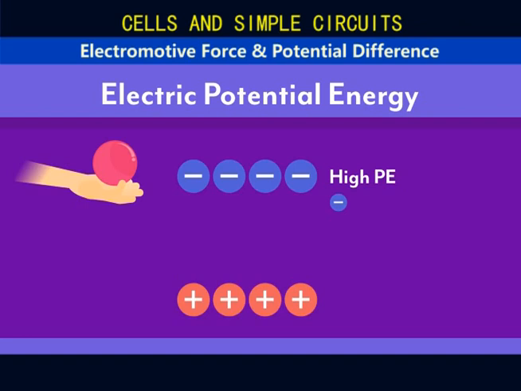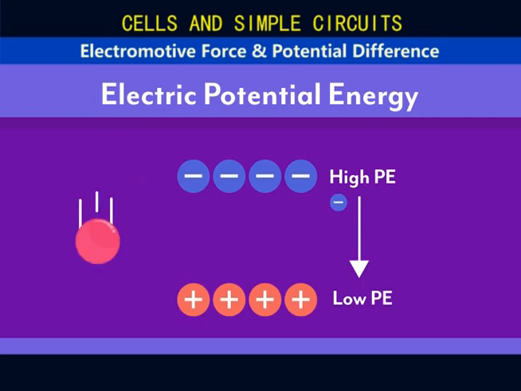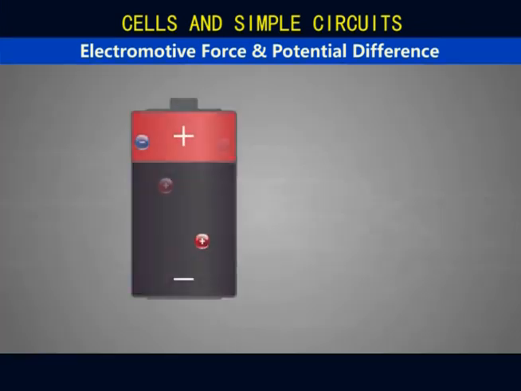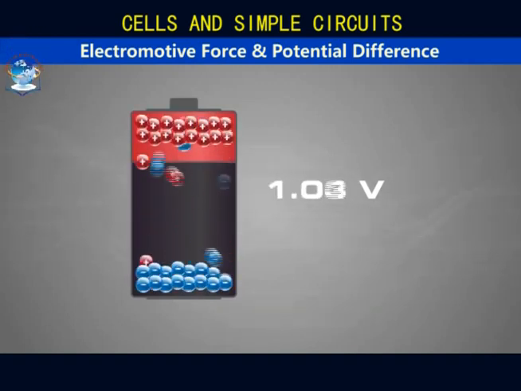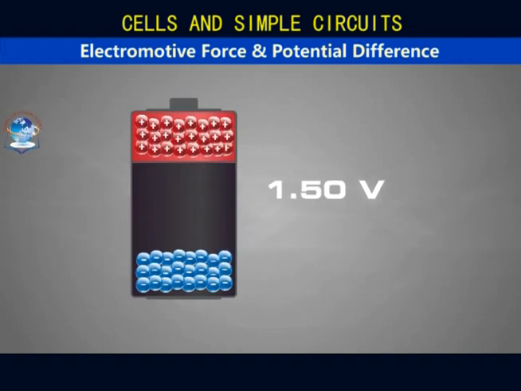If left free, the charge will be repelled by the other negative charges and will move towards the positive charge, just like the ball will fall towards the ground. This is how a cell or a battery creates an electrical potential difference, by separating the positive and negative electric charges. The electrical potential difference is measured in volts and is also called voltage.